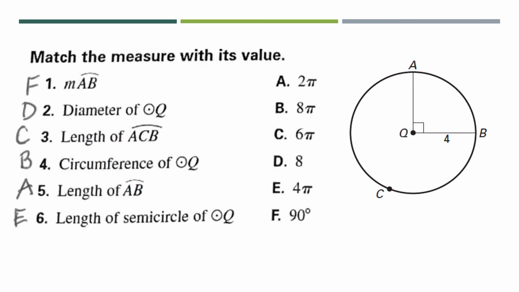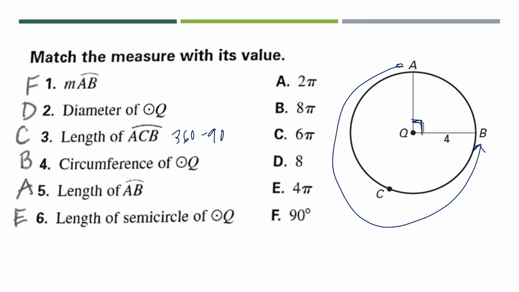So the measure of arc AB is 90 degrees because arc AB matches your inside central angle. The diameter of circle Q, the radius is 4, which means the diameter is twice that, so it's 8, which is D. The length of ACB, all the way from here to here, you can figure that out by doing 360 minus 90.